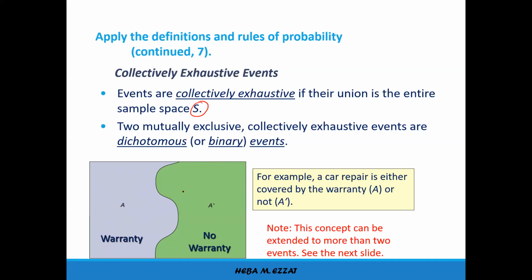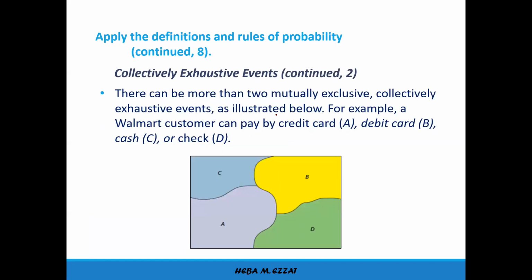Okay, this may happen if we have binary events. Binary always means two things, like 0 and 1, like male, female. In this case, we have binary events. Also, collectively exhaustive events can occur in the situation where we have more than two events.